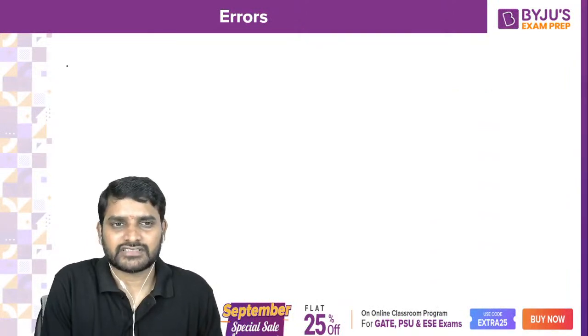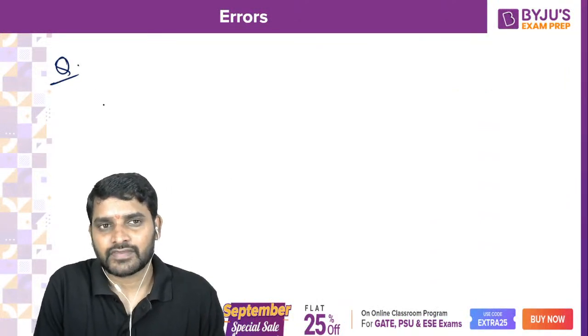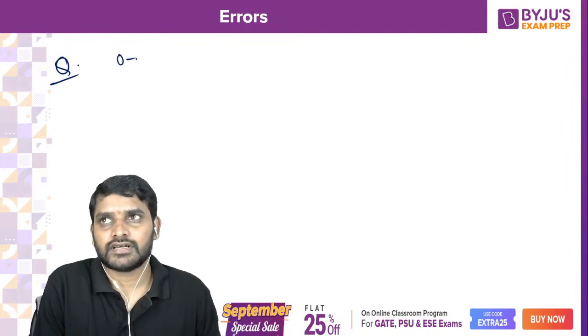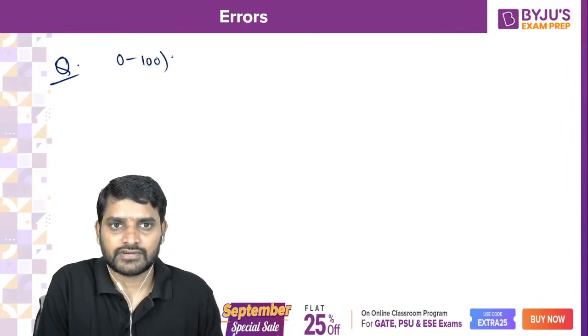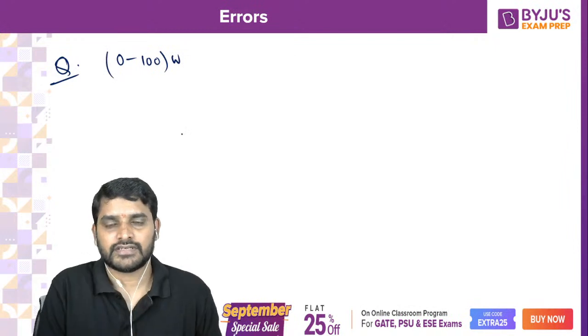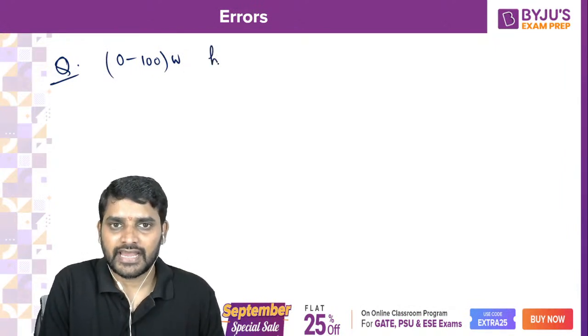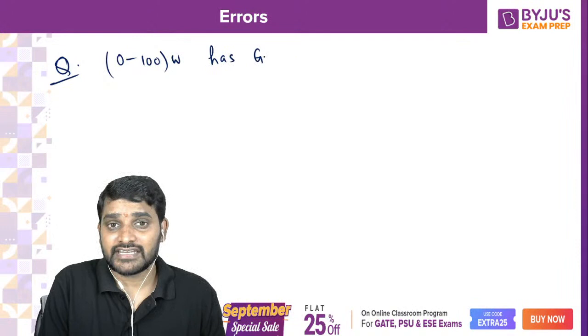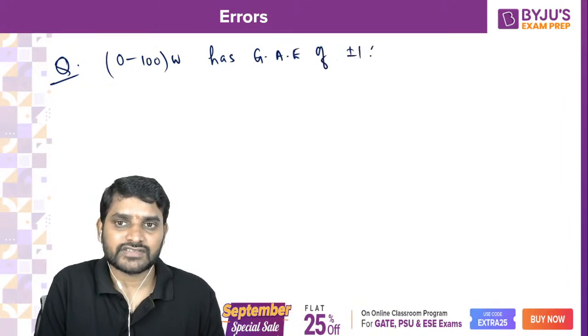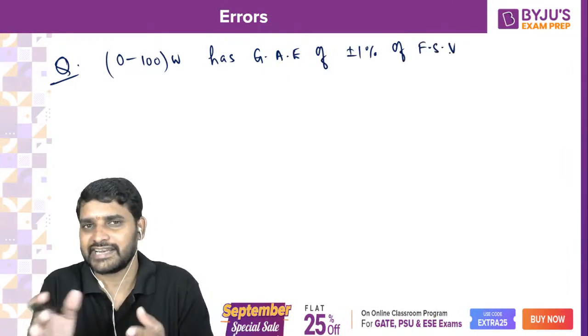I have a question, just generally. For example, I'm taking a 0 to 100 watts wattmeter. A 0 to 100 watts wattmeter has a guaranteed accuracy error of plus or minus 1% of full scale value, or full scale reading, that they'll give you.